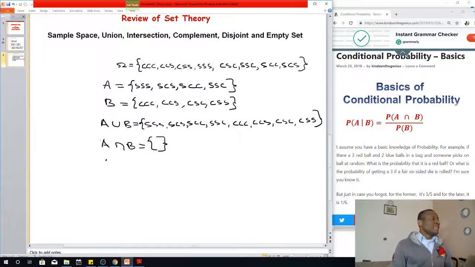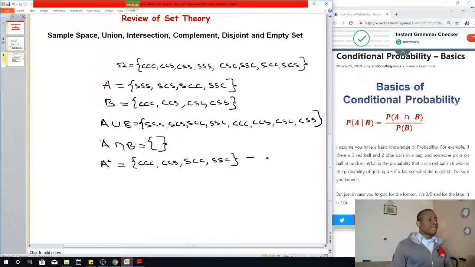The next thing we want to talk about is complement. A complement refers to items that are in the universal set or in the sample space, but are not available in A. So I could simply say that A complement is equal to CCC, CCS, CSC, and CSS.